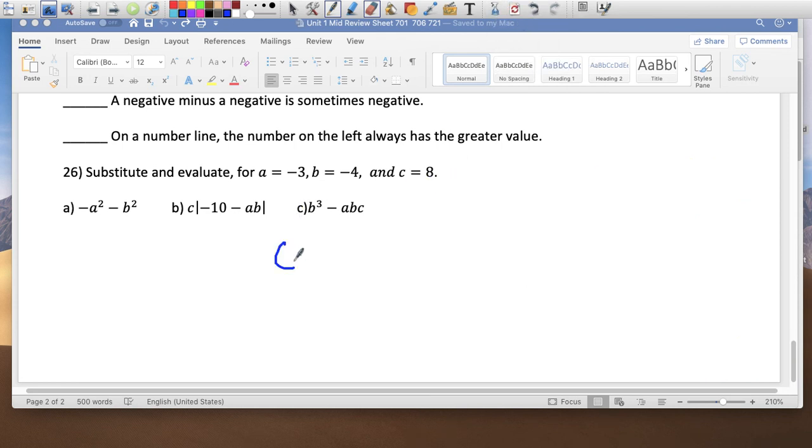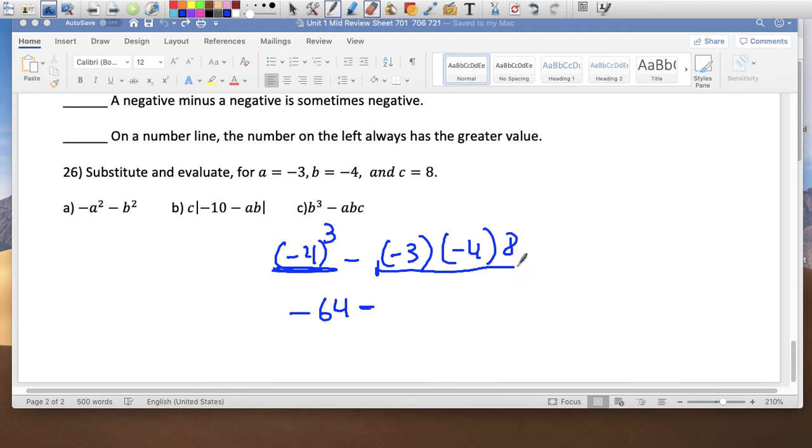B cubed. Negative 4 to the third power, minus A, which is negative 3, times B, which is negative 4, times C, which is just 8. Take care of these first. Negative 4 times negative 4 times negative 4. It's an odd power with a negative base, so that's going to give me a negative number. So it's negative 64. Minus, and let's multiply these three over here.